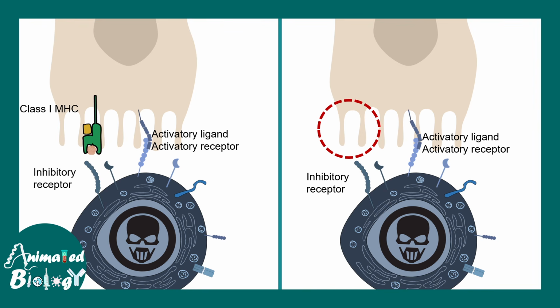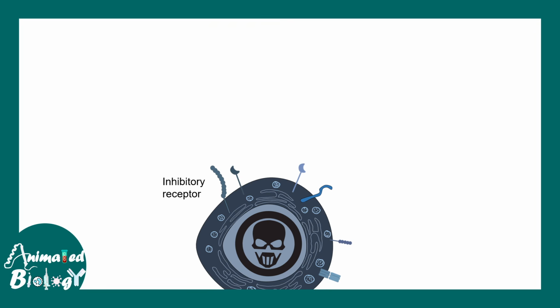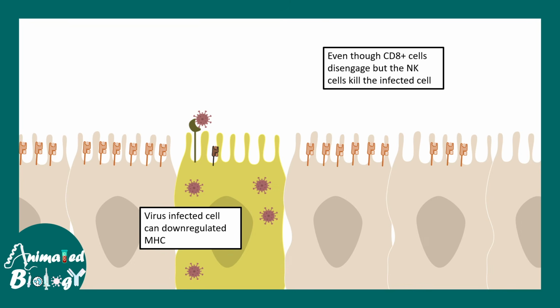But imagine a scenario where the MHC class 1 molecule is not displayed. Then the natural killer cell would find it and kill it. And that's what happens, and that's beneficial. Let me tell you why. In many cases, virus infected cells, in order to be saved from the CD8 positive T cell, downregulate the MHC.